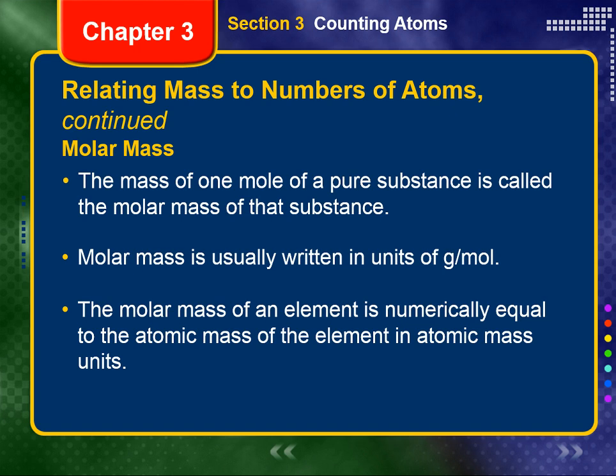For example, the molar mass of lithium, Li, is 6.94 grams per mole, while the molar mass of mercury, Hg, is 200.59 grams per mole, rounding each value to 2 decimal places. The molar mass of an element contains 1 mole of atoms. For example, 4.00 grams of helium, 6.94 grams of lithium, and 200.59 grams of mercury all contain 1 mole of atoms.